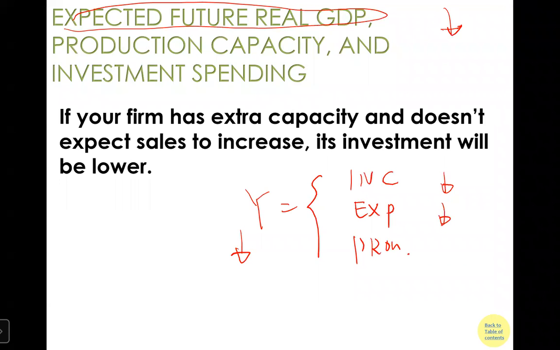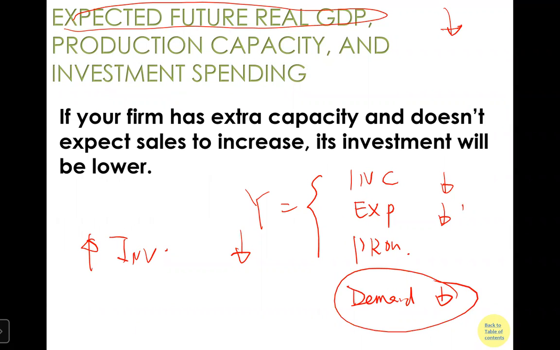That just means the future demand of the goods you produce is going to decline. If that is the case, what is the point for you to increase investment? That will be counterproductive, right? Because you know in the future the demand is weak. If I add investment, it's going to make it harder to sell my stock, right? So in that sense, the expected future real GDP is going to affect your investment.